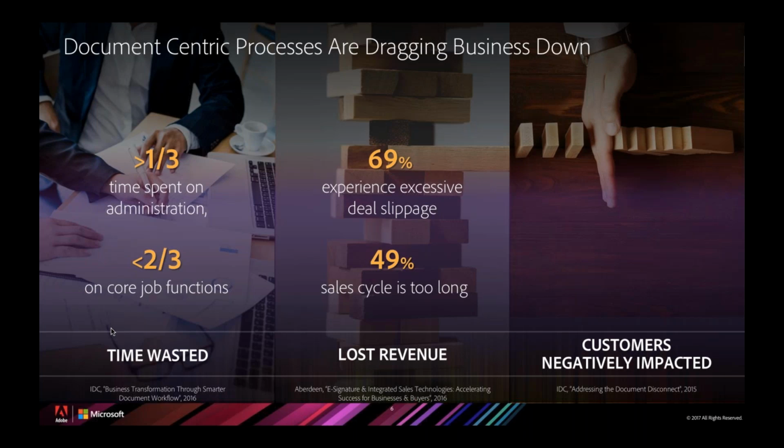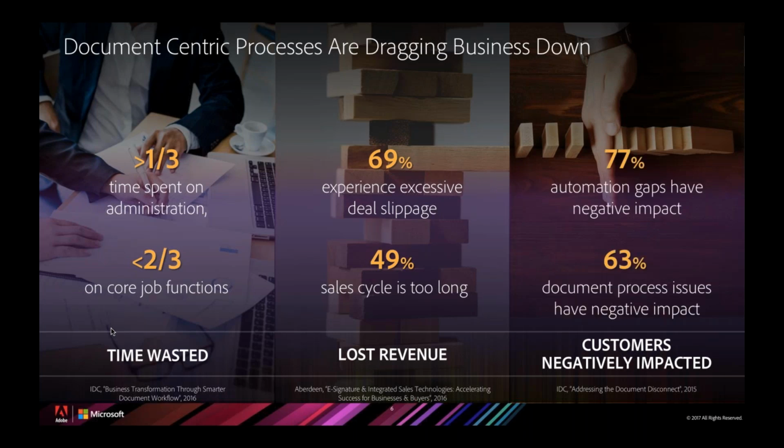And a lot of the reason for that is that it's that last part of the sales cycle that drags on in an unnecessary way. And then the last thing, when you think of this more from a customer experience perspective, IDC found that 77% of companies have automation gaps, and those really have an impact on a customer or a partner or a supplier, whatever the case is.